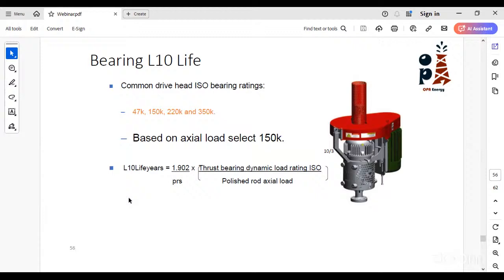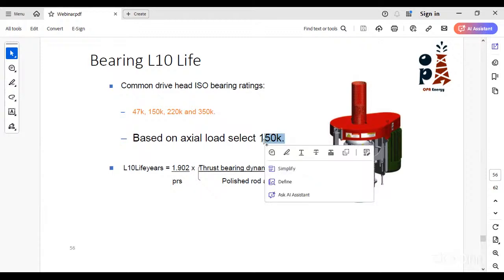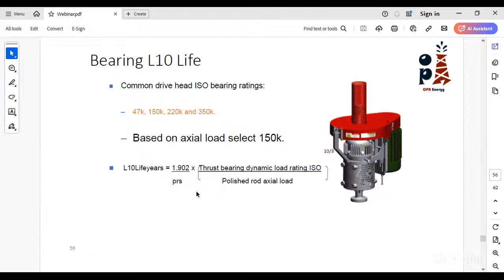So if, for example, from our application, you are using the category 150K drive head, we can from this equation and from the tables see the thrust bearing dynamic load that it is rated for, and then calculate how many years or days or months this drive head can withstand before 10% of its interior components have minor or major damage.